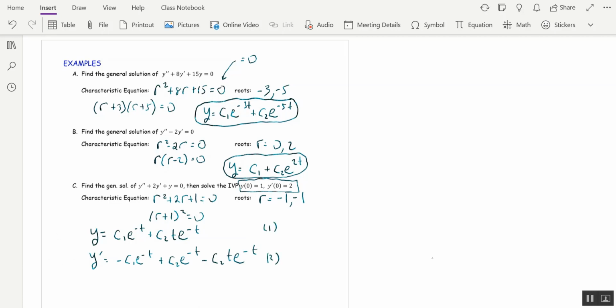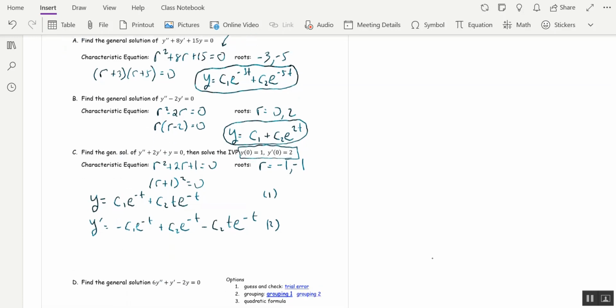When I put my initial conditions into equations 1 and 2, equation 1 becomes 1 equals c1, and equation 2 becomes 2 equals -c1 plus c2. So if C1 is 1, I can just plug that into the second equation, and this gives me C2 is 3.